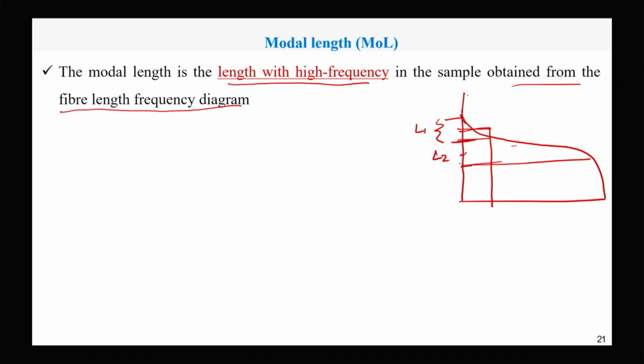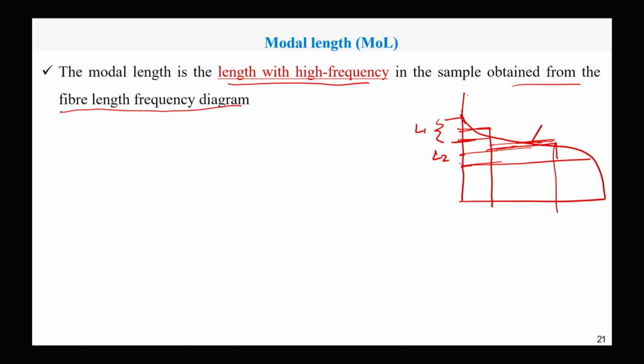You take the midpoint, and you will see the distribution here is very high. So this will be the modal length.